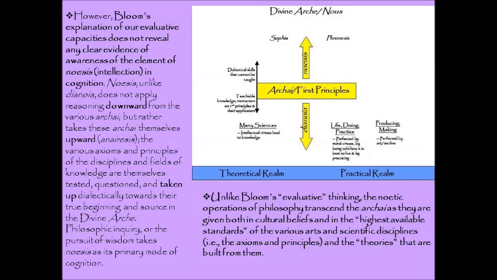However, Bloom's explanation of our evaluative capacities doesn't reveal any clear evidence of awareness of the element of noesis or intellection in cognition. Noesis, unlike dianoia, does not apply reason downward. See, there's my little yellow arrow there, with dianoia on it. It doesn't apply it downward from the various archai, but rather takes these archai themselves upward.